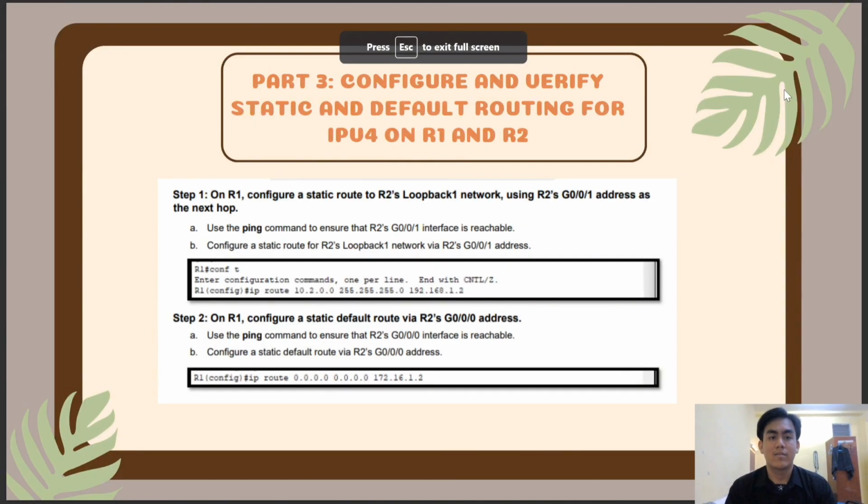Okay, sekarang kita sambung kat part C, iaitu configure and verify static routing for IPv4 on router 1 and router 2. Okay. First, kita kena setkan dekat router 1 dia punya IP address dengan default gateway. Dekat bawah tu, dekat interface G0/0, kita setkan dia punya IP route juga.